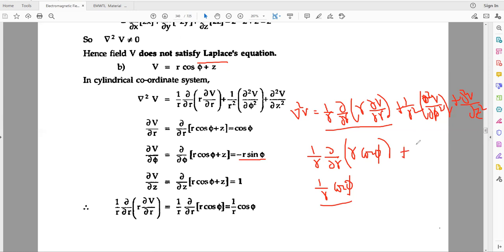The second term we can take 1/R² into, first of all, if I apply for R cos phi plus Z the first derivative ∂/∂phi, what will we get: R into cos phi, the derivative is minus sin phi, minus sin phi.